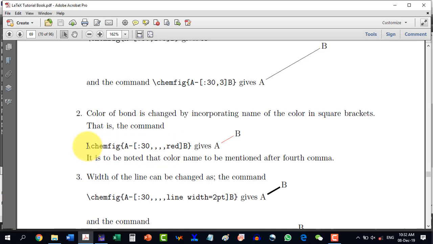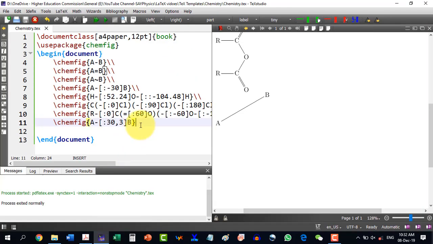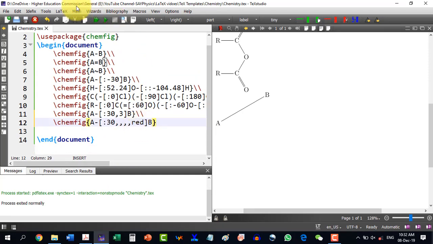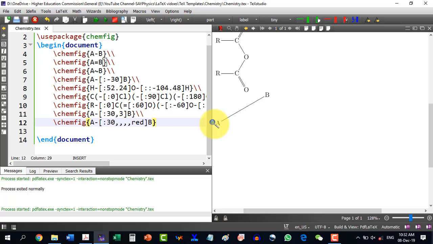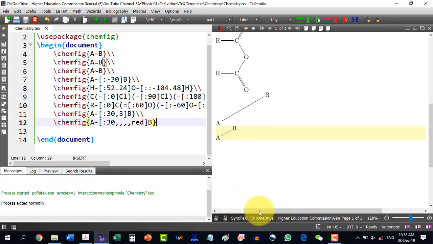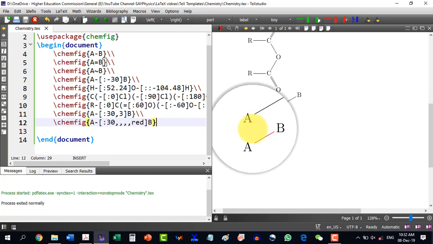So we will write red and then it will become red. Like I just execute this command. And I build, so it will make this thing like this, A with B, and the red line is there.